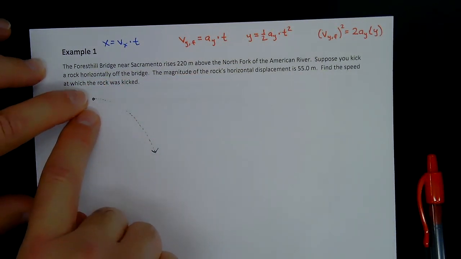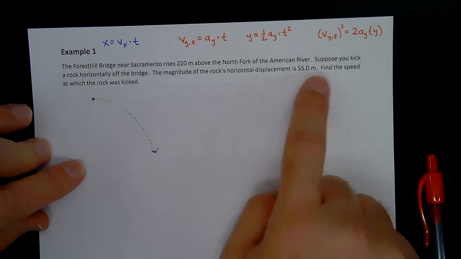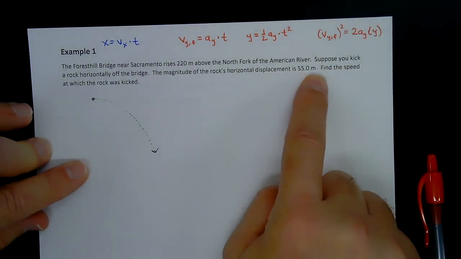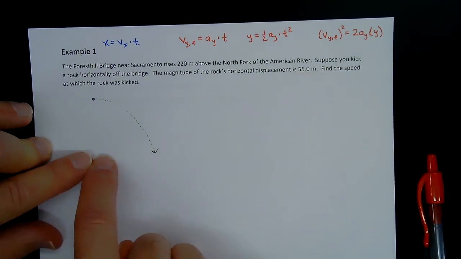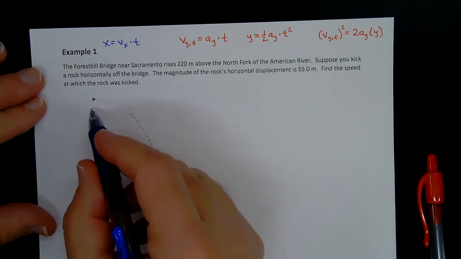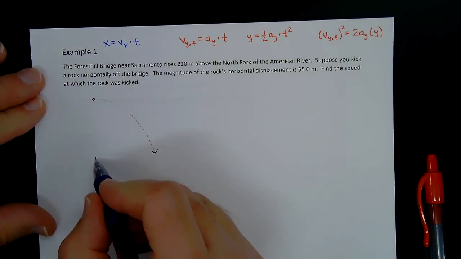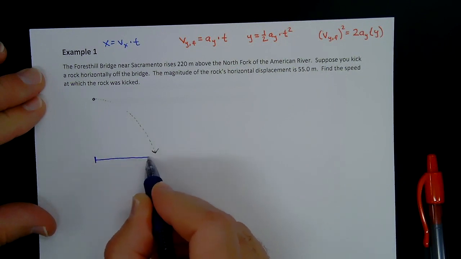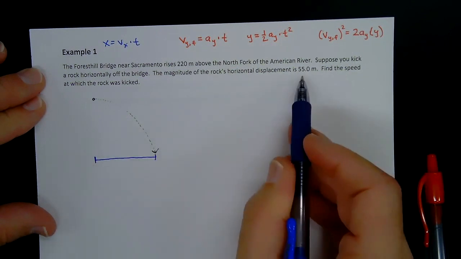This is where we're measuring. I know that the magnitude of the rock's horizontal displacement is 55.0 meters. That means it travels horizontally 55 meters. So when it came off the bridge, that horizontal distance the rock traveled is 55 meters.